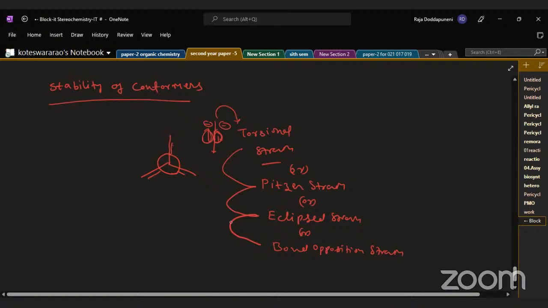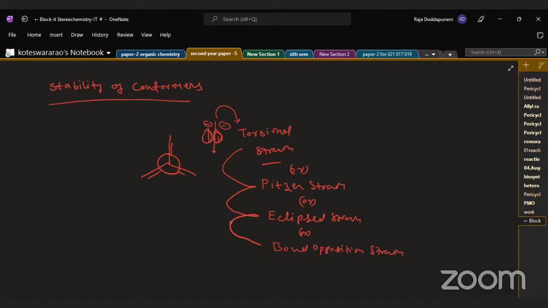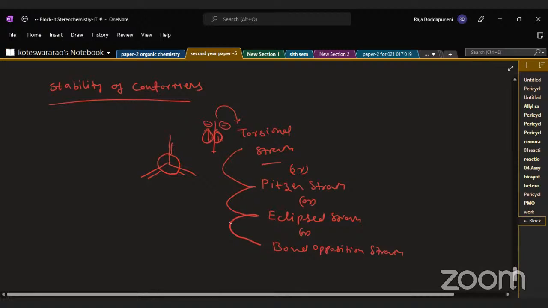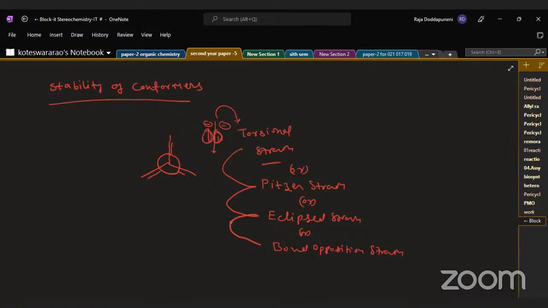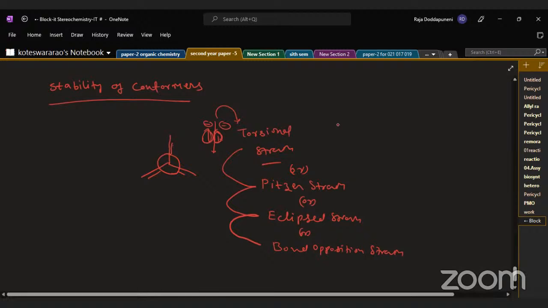Now, when two non-bonded atoms, not connected to each other by a bond, known as non-bonded atoms or groups, that means the groups or atoms are not directly linked to each other, are close together, then the sum of their van der Waals regions comes into play. Look at here.